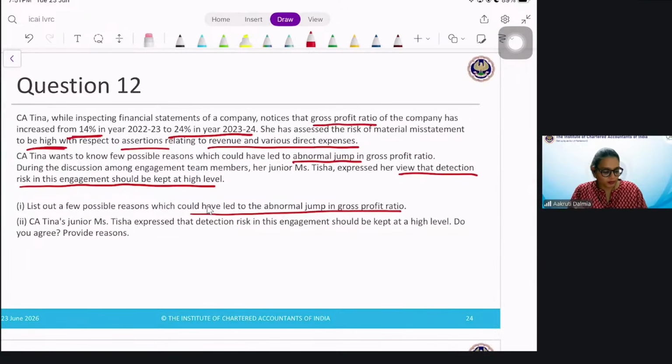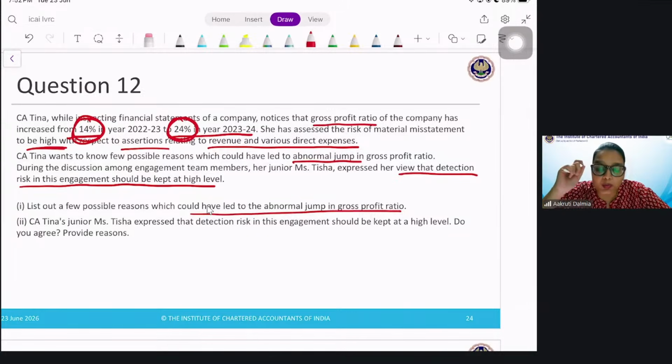Now tell me, is it direct, indirect, or drafting? You guys tell me without looking at the answer. You don't have the answer. What are the reasons because of which there can be an abnormal jump in gross profit? Send one small word in the chat, in one line. Increasing advertising, okay.